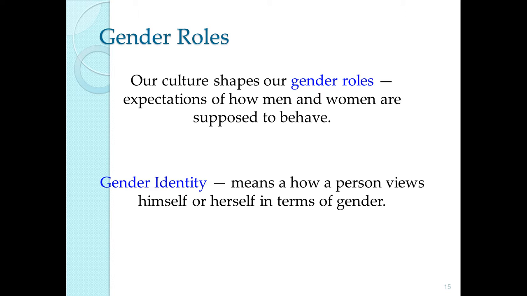And one of the things that we look at is gender identity, which is how they view themselves in terms of gender. So there was a quote, I don't know how many of you subscribe to r/atheism, but I go to r/atheism all the time.